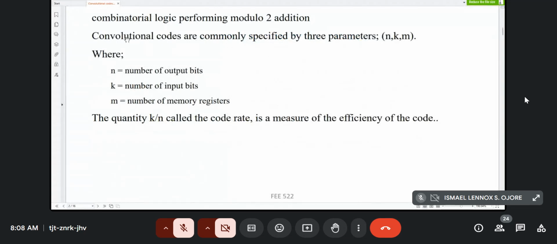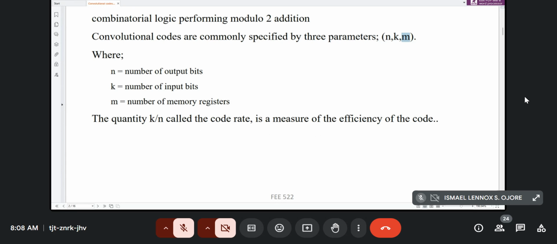So normally convolutional codes are specified by these three parameters: n being the length of the code word, k being the length of the message, and m being the number of memory registers. And k by n is called the code rate, and it's a measure of efficiency of the code.